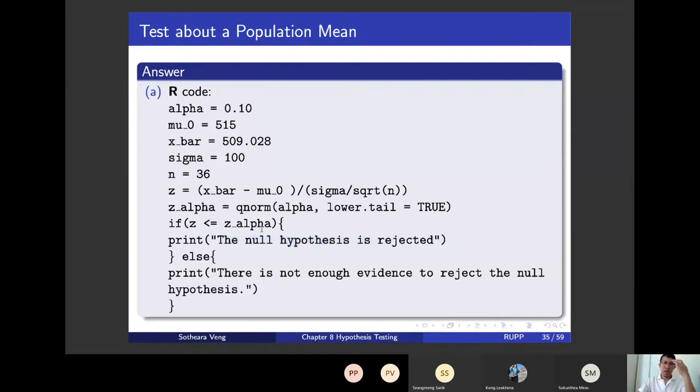Reject null. Else, if Z is greater than Z alpha, print there's not enough evidence to reject the null hypothesis. This is the code for the left tail test, right?